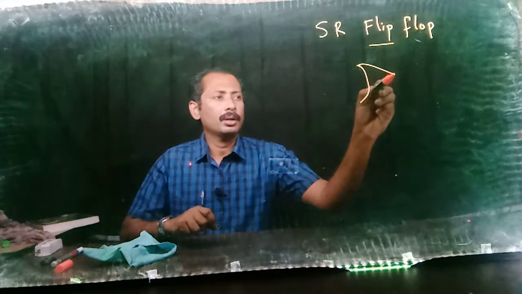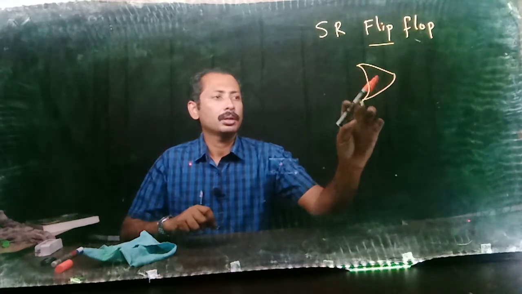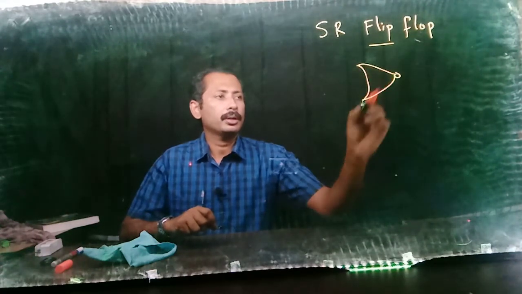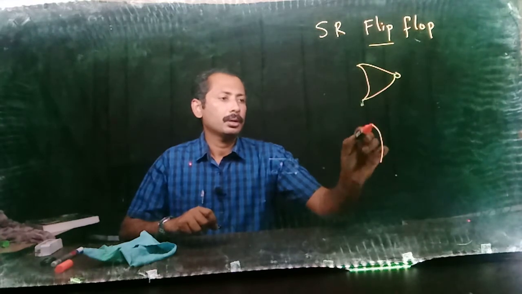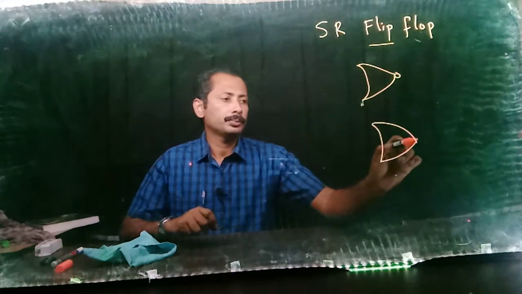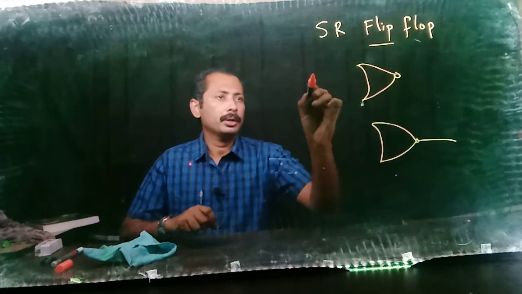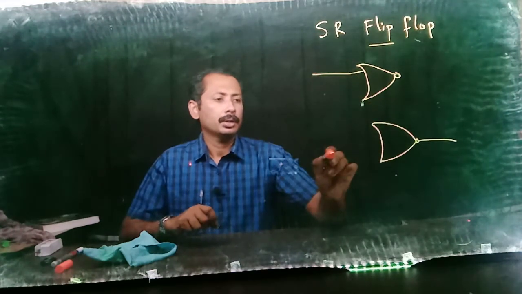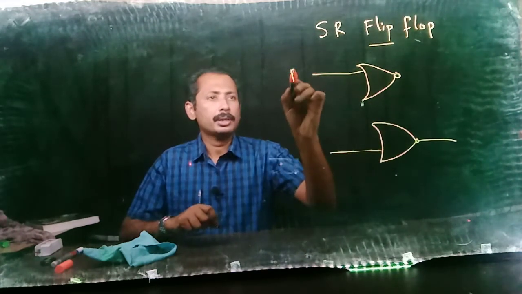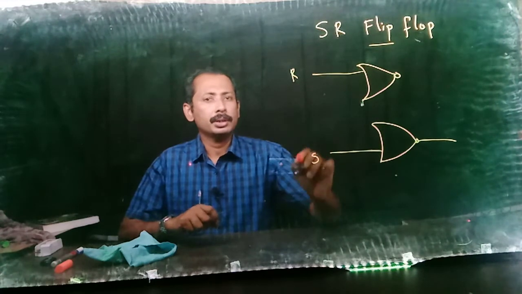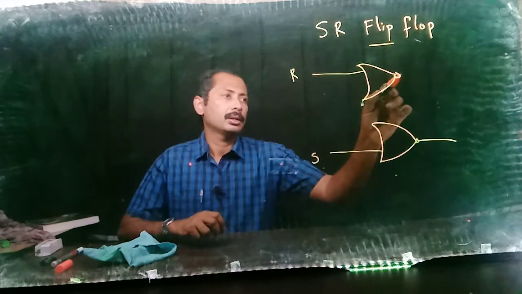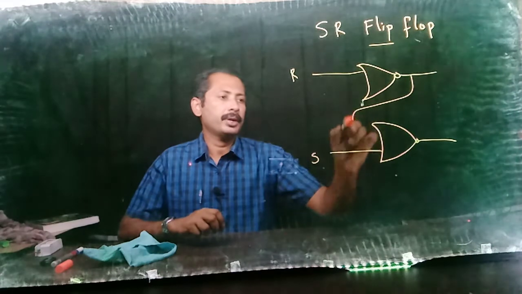I have a NOR gate, and one more NOR gate. I am marking this as R, this as S. I am giving a feedback like this.